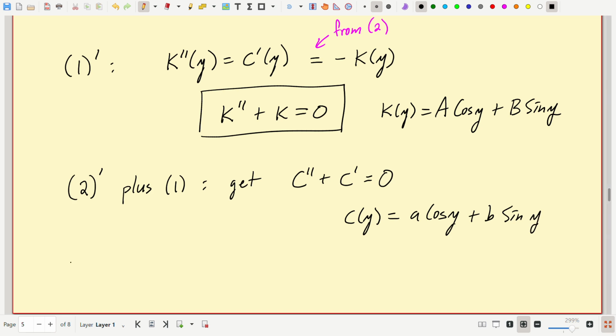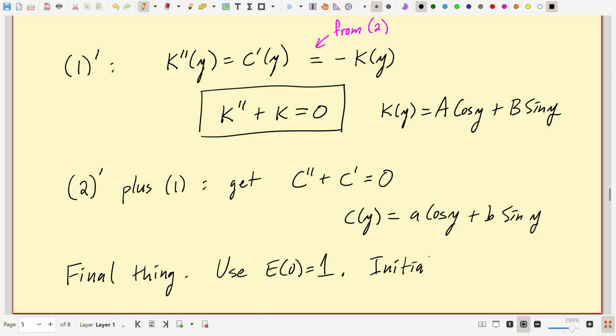And finally, the last step is to use the initial conditions. Use e of 0 equals 1. Those initial conditions pin down all the a's and the b's, the initial conditions for the ODEs. It pins down little a, little b, and capital A, capital B.